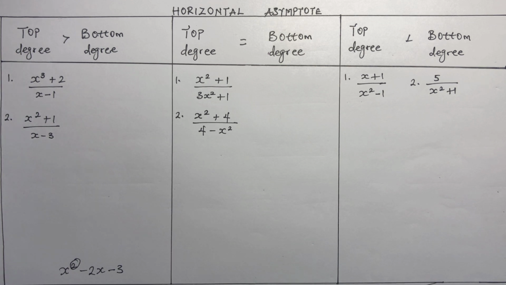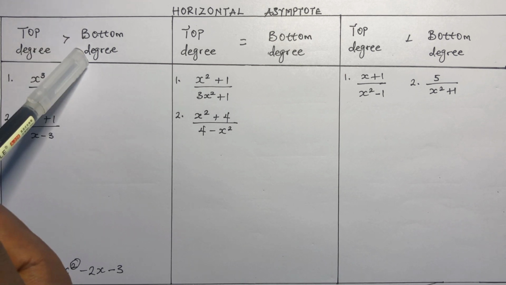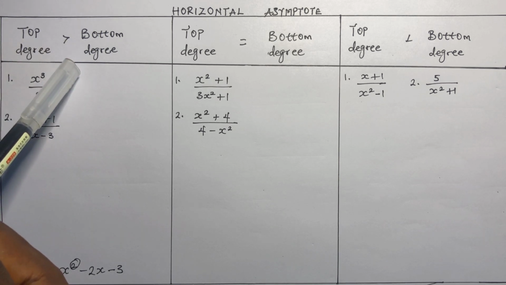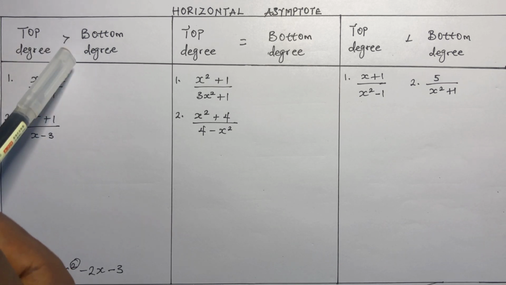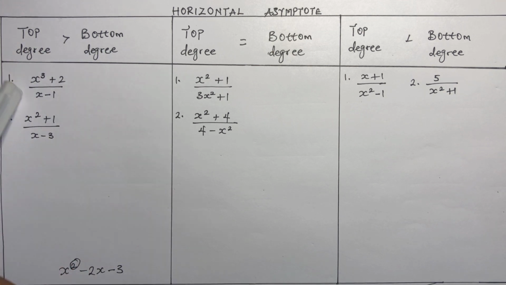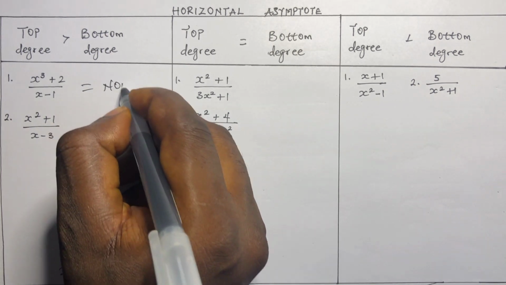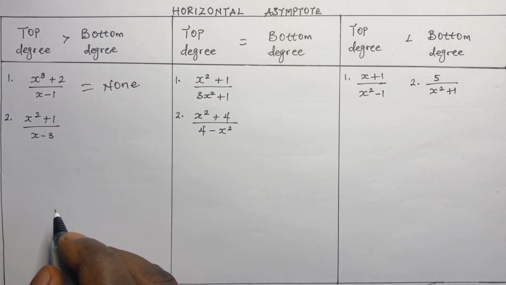Now, I also want you to take note of the condition when the top degree is greater than the bottom degree. Whenever the top degree is greater than the bottom degree and you are asked to obtain the horizontal asymptote of this type of function, it is basically no horizontal asymptote. None.